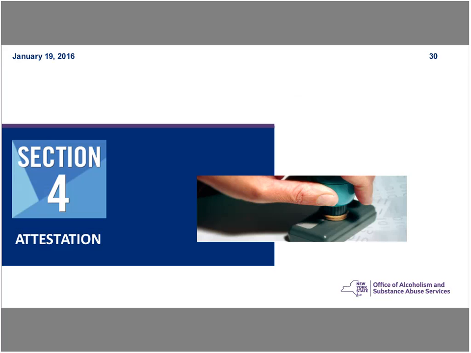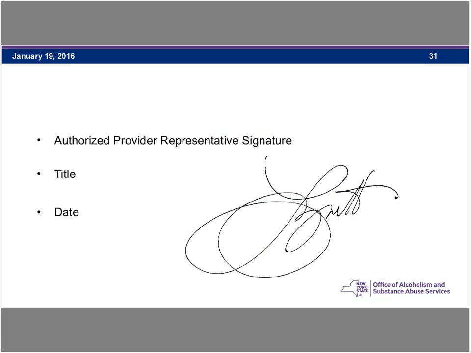Okay, so this is one of the last parts of your application, and it's the provider authorization for submission, and you'll have the authorized provider representative signature, their title, and the date. This must be signed and dated where indicated by the CEO, executive director, or if there is no such officer, a person authorized to act on behalf of the individuals or entity filing the application.